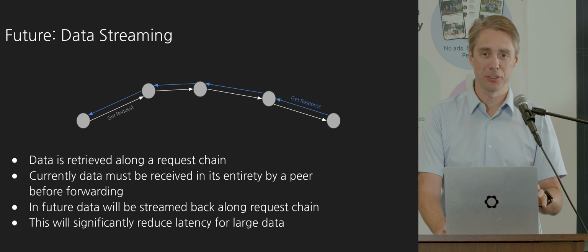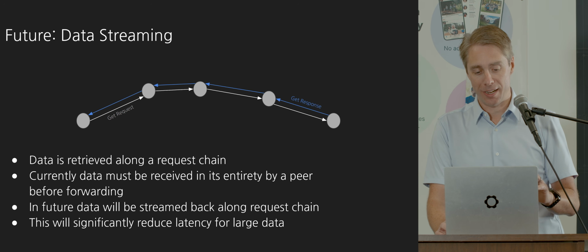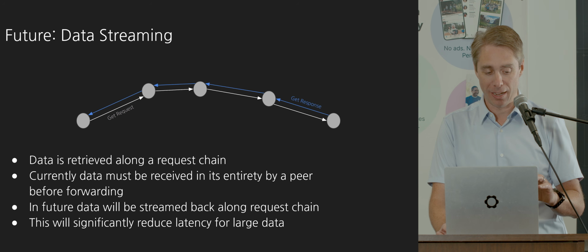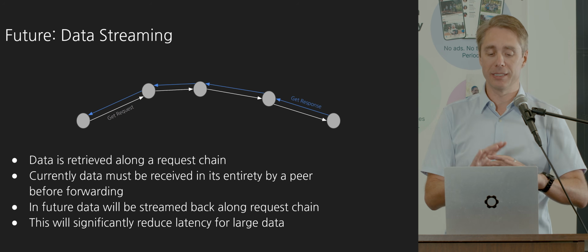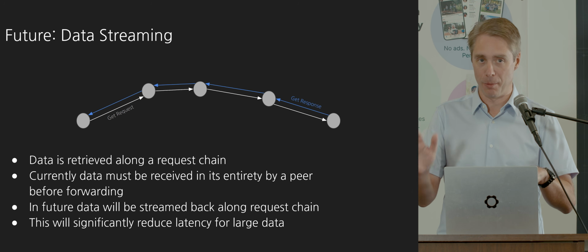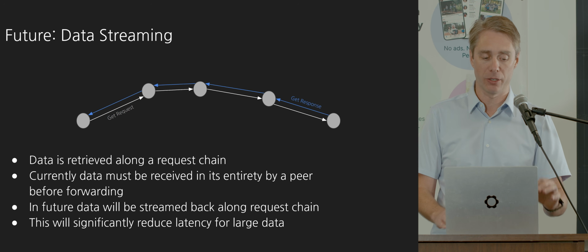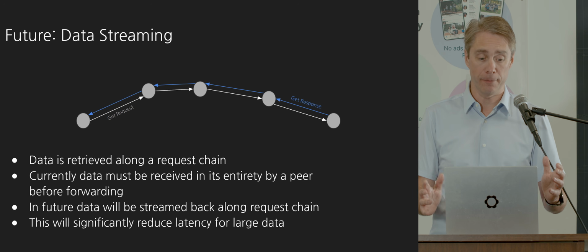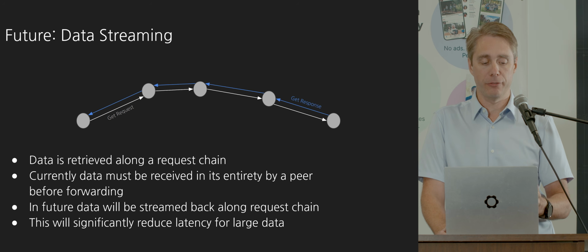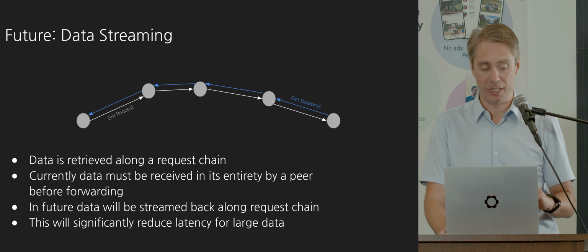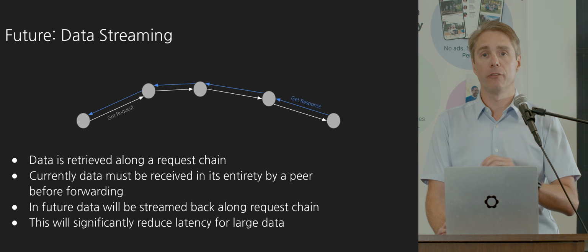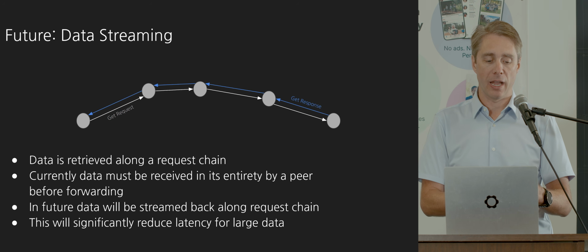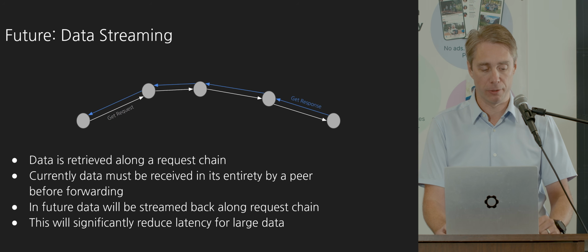But it has the advantage that people are less likely to view Freenet like BitTorrent, so worrying about copyrighted material and that type of thing is less likely, because Freenet is not at the moment optimized for the distribution of large data. But in the future, we will implement data streaming, so it will get a lot better than that. If you're just talking about relatively small data, like a megabyte or something like that, then this latency isn't really going to be much of a factor.